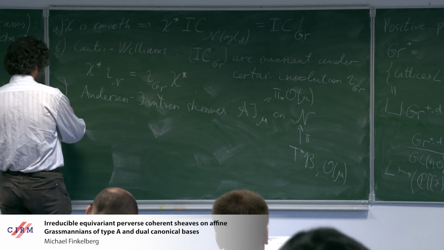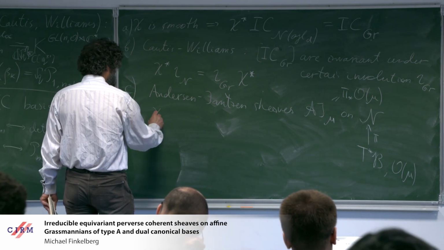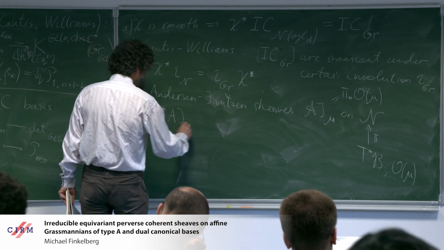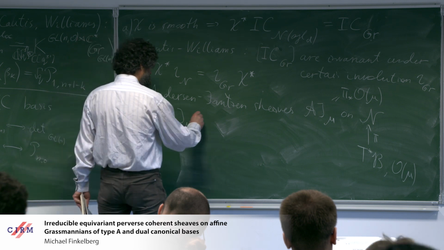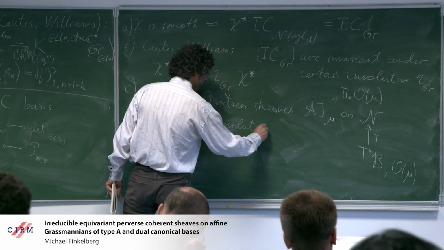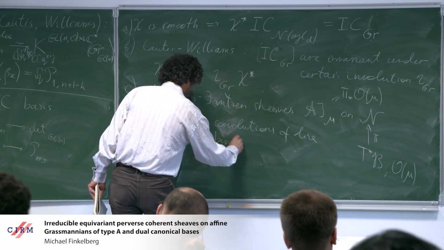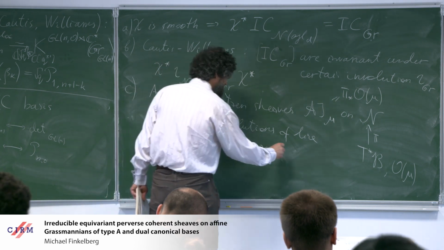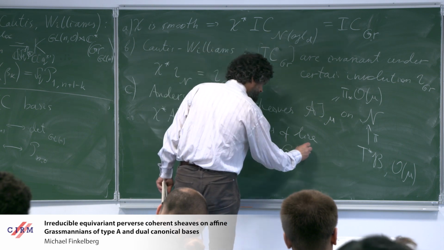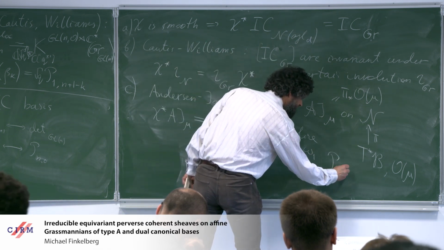And what I want to say is that the pullback of Andersen-Jantzen sheaves, just by the very construction, goes to certain convolutions of line bundles on the minuscule orbit, omega 1. So just what we called P1 something.